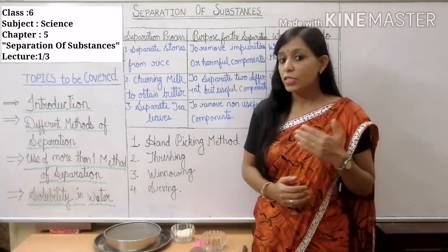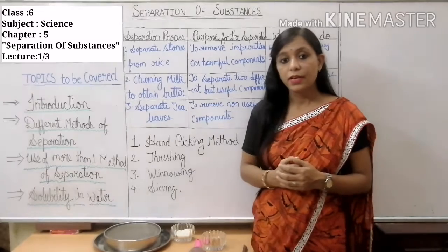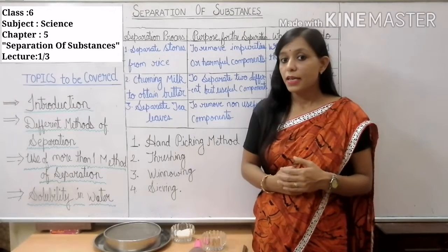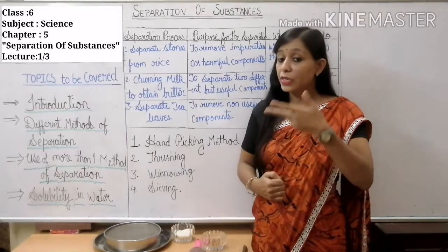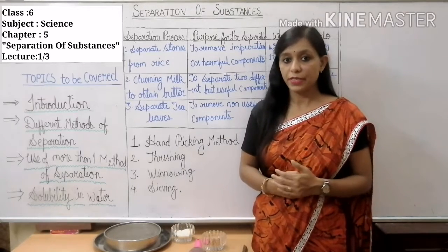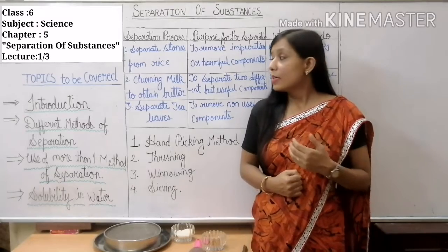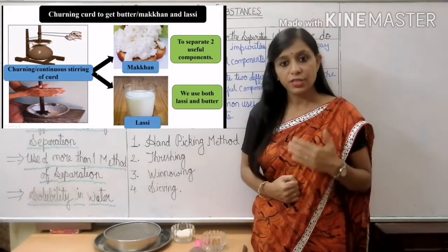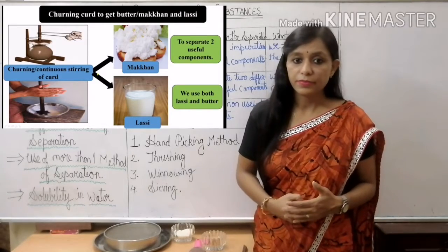For example, straining tea leaves from tea. Third one is we also separate two useful components if we want to use them separately. Example, separation of lassi and butter by churning of curd.